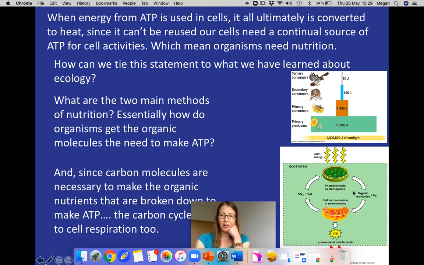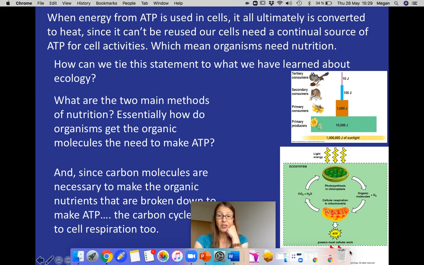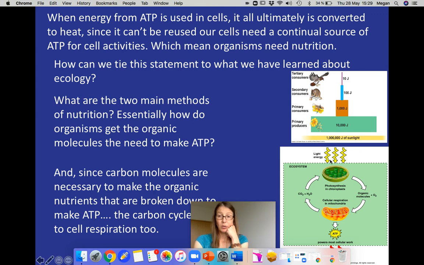So you notice that matter is cycling around, the carbon is cycling around between CO2 into organic molecules and back to CO2 again. But notice the energy is a one-way flow. Light energy is going in, and that helps make those organic molecules. And then when ATP is used, we actually lose that energy as heat. So the energy is a one-way flow. So it's flowing through, whereas the carbon is cycling around.